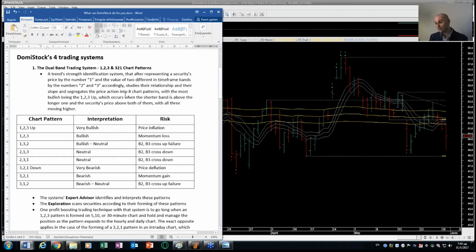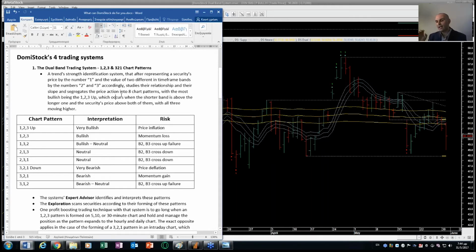The large funds cannot make huge adjustments with large orders. They have to make them slowly. And when they do that slowly, they affect the microstructure. They affect the micro world, the micro stock market world. And we can see that.